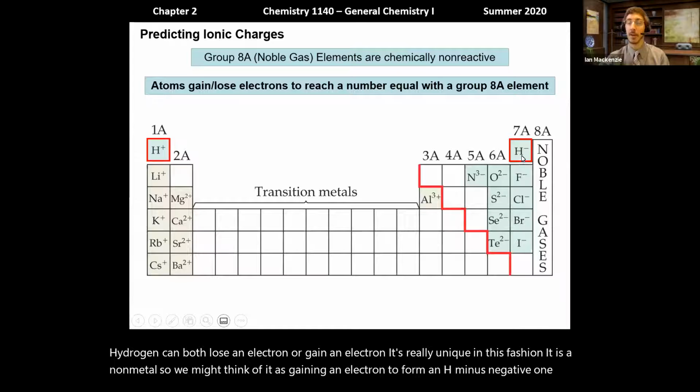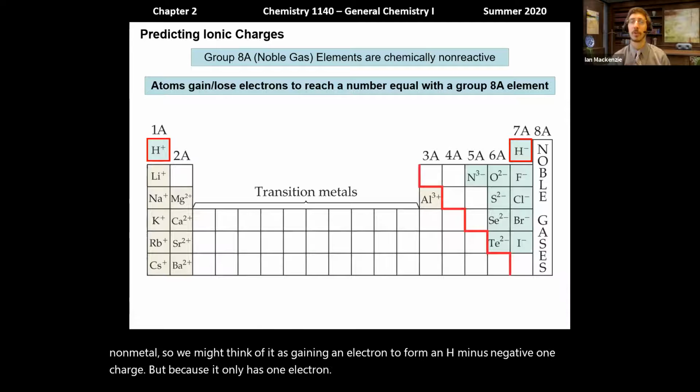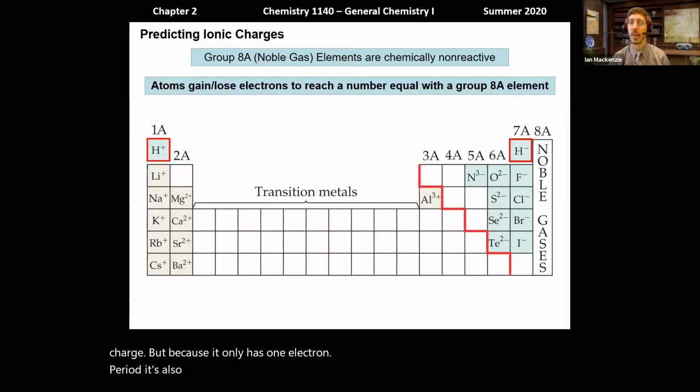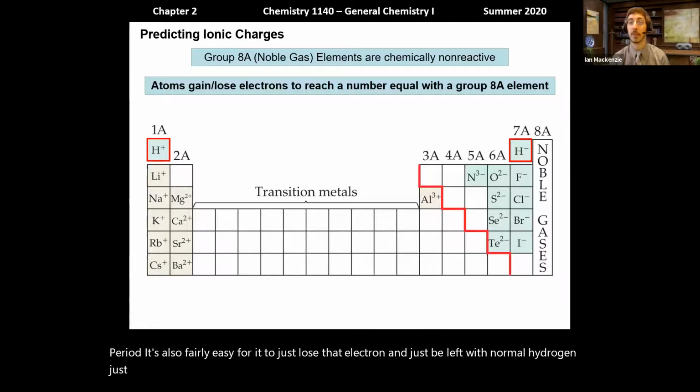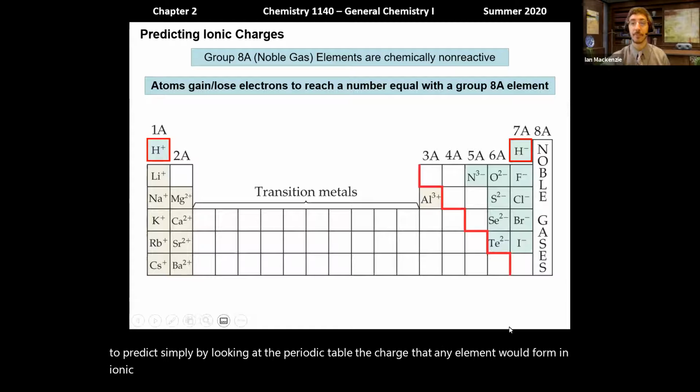But because it only has 1 electron, period, it's also fairly easy for it to just lose that electron and be left with just a single proton in its nucleus. And so hydrogen is unique in that way. But this allows us to predict, simply by looking at the periodic table, the charge that any element would form in an ionic compound.